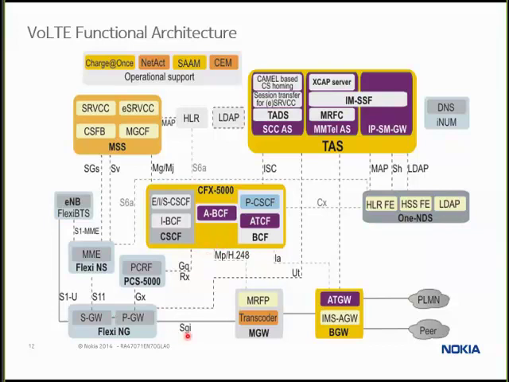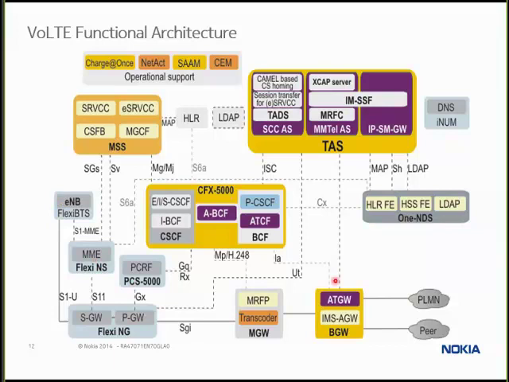Here's the SGI link. And that comes down to the access gate portion. So we have our PDN, or Packet Data Network Gateway, and then our serving gateway. We have our MME and our eNode B, and then our subscriber sits out over the air from that evolved node B.